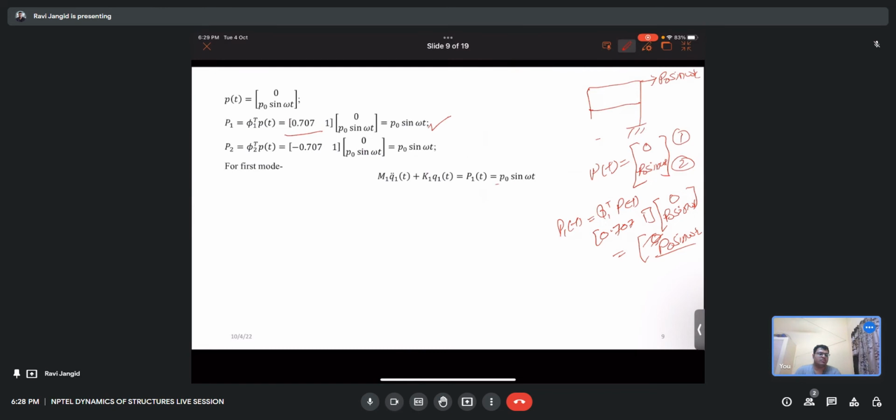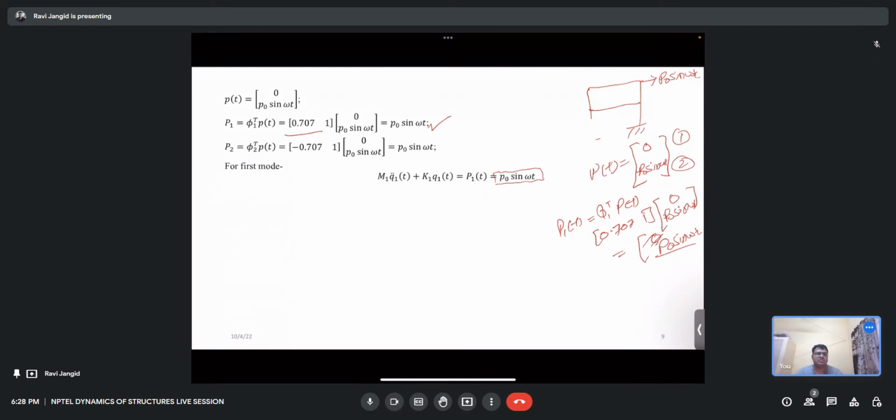If you remember, in the single degree of freedom system, m u double dot plus k u is equal to P naught sine omega t. What was the steady state response? That was ut is equal to P naught by k into 1 over 1 minus omega by omega n square, into sine omega t. That was the steady state response for the single degree of freedom system.